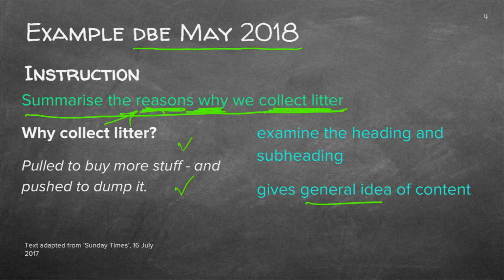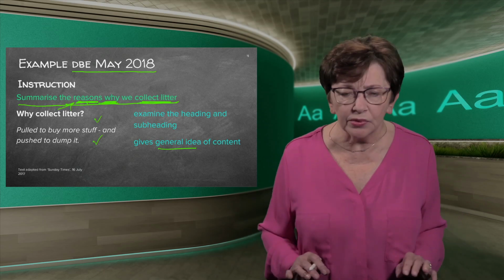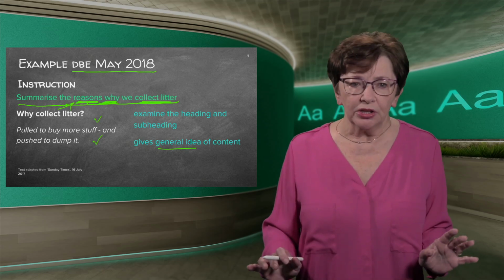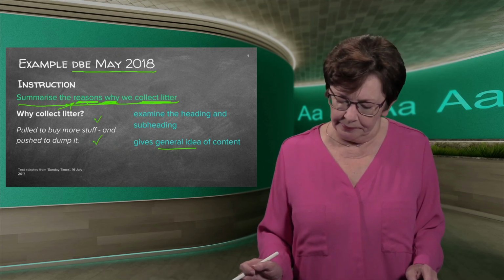Why collect litter? We are pulled to buy more stuff, and yet we are pushed to dump it. Hey, we want more things, and then people say, oh, don't hoard, don't clutter, just get rid of it. Get somebody in to help you. So, what is it with us? Why do we collect stuff?